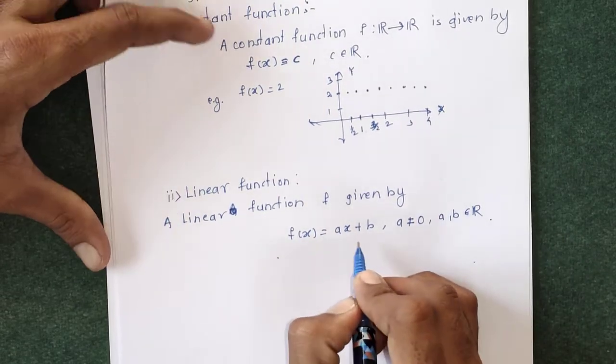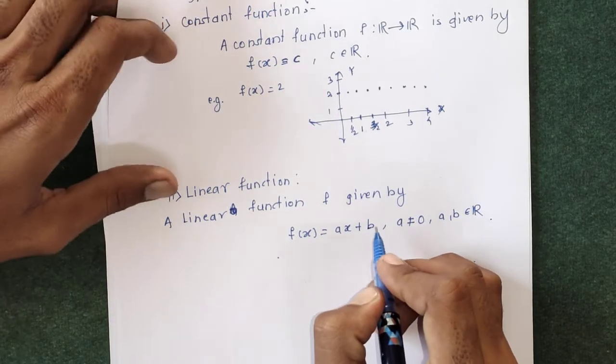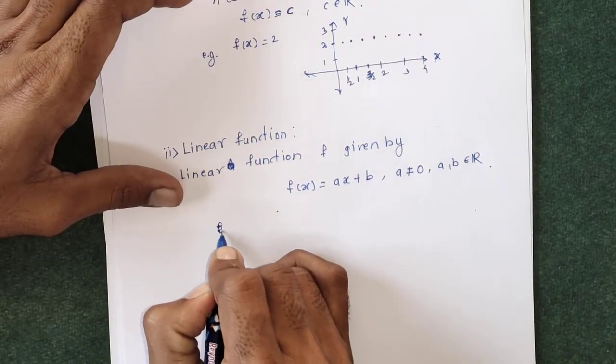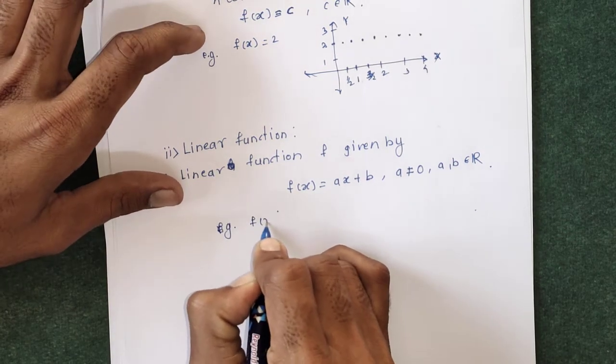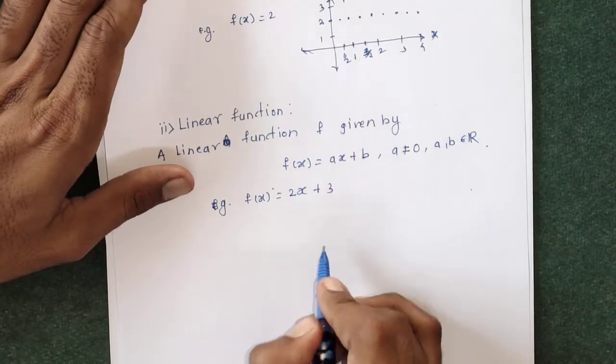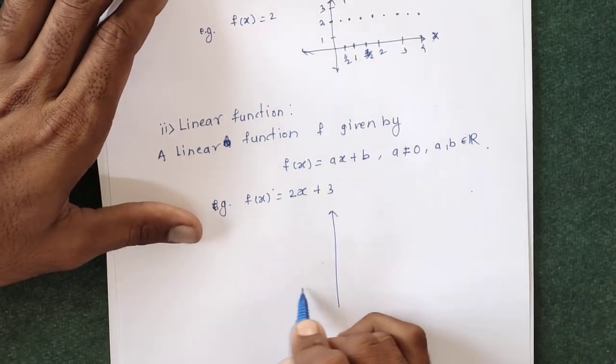So a function of the form ax plus b is said to be a linear function. For example, if we take f of x is equal to 2x plus 3, then the graph will be as follows.